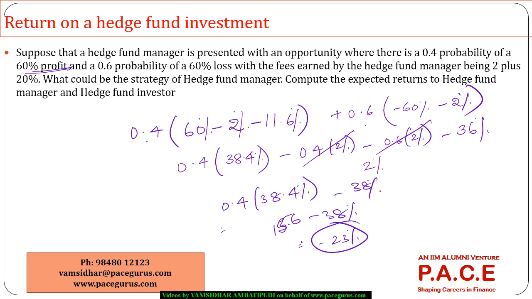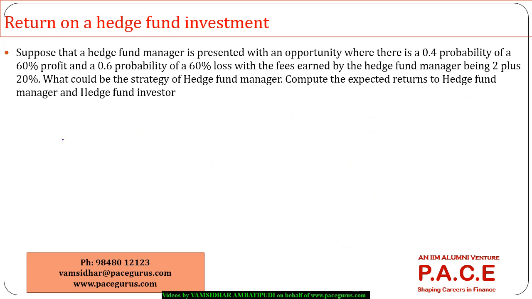So that's the simple logic, right? We are looking at it from the hedge fund manager's perspective as well as from the hedge fund investor's perspective. So in the case of the hedge fund investor, look at it straightforwardly. Overall it is 0.4 times 60% plus 0.6 times minus 60%, right? This is the general scenario.